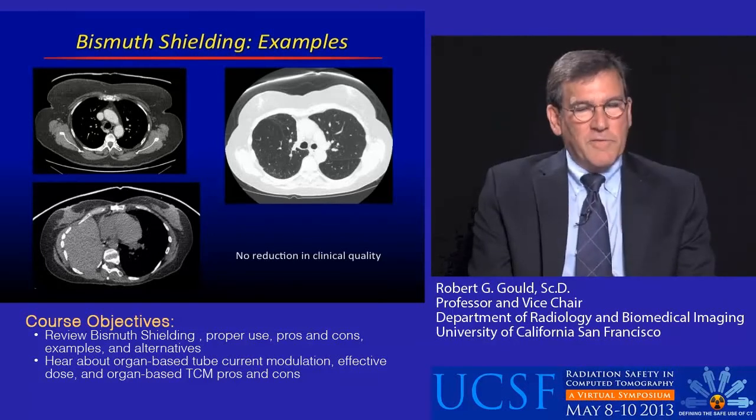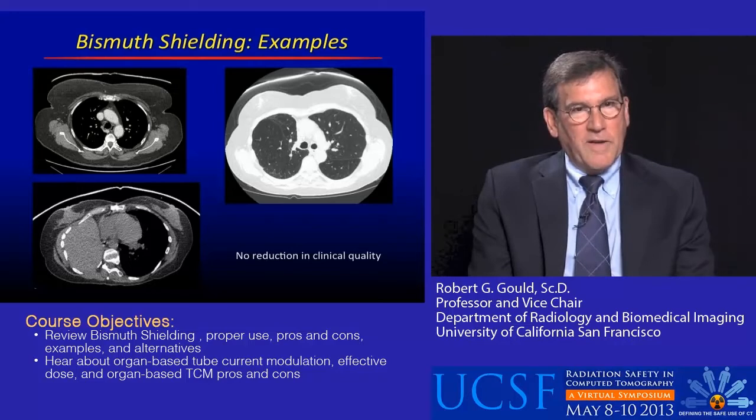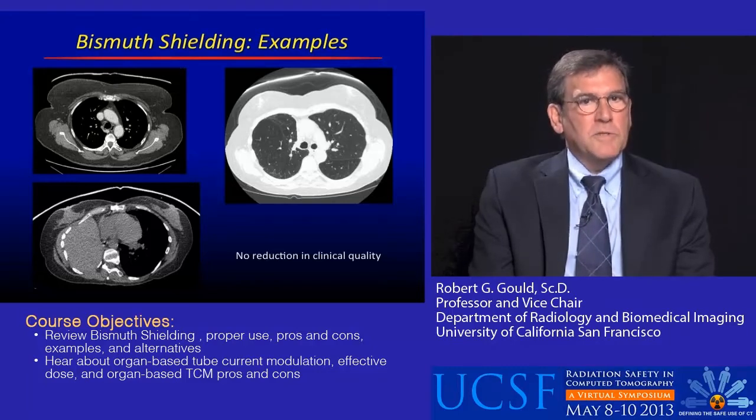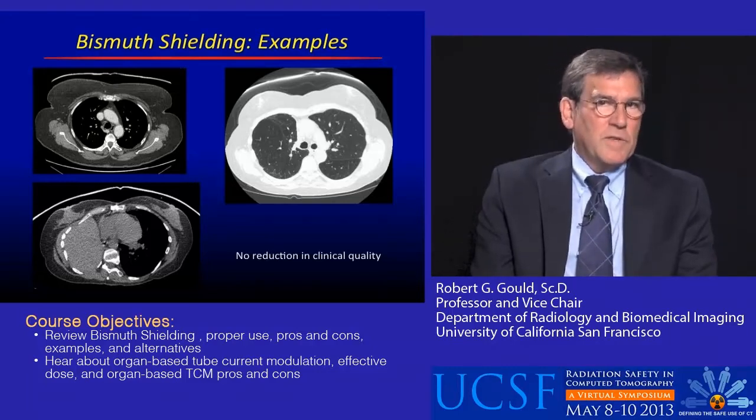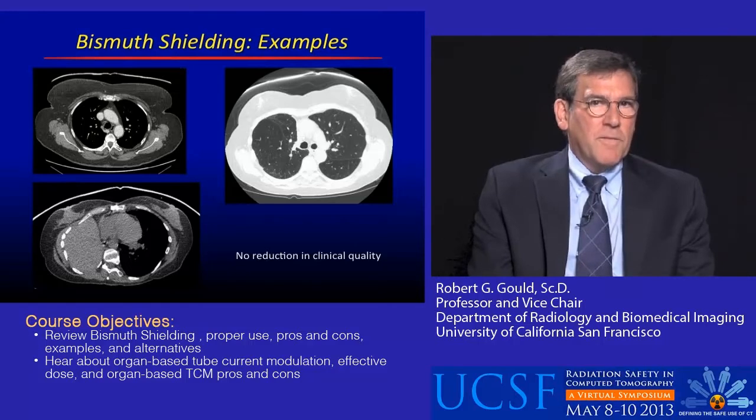So in fact, from a clinical standpoint, and there have been several papers on this, there really has never been shown any deleterious effect of placing the bismuth shields, with the exception if they're incorrectly placed, so that they're streaking or some other artifact. Again, if they were placed right on the surface of the patient, that could be a problem.